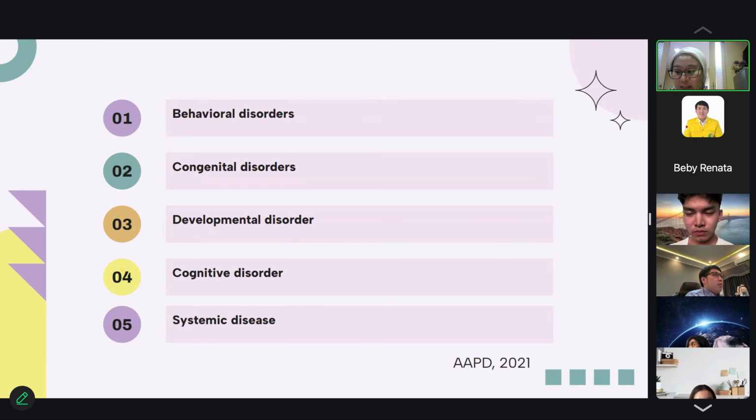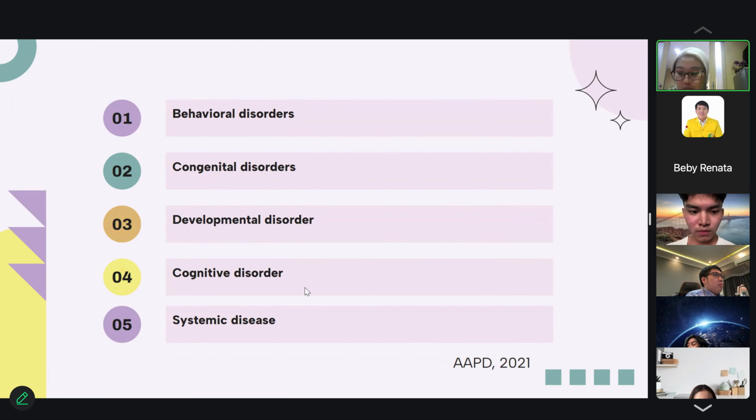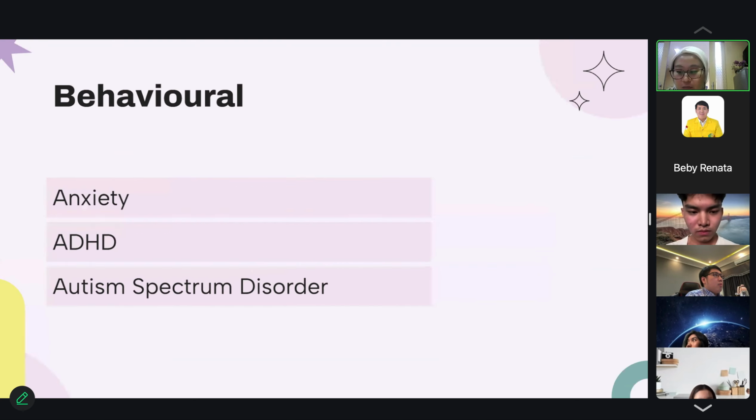For example, behavioral disorder is related to emotional challenge, intellectual challenge is related to cognitive disorder, and systemic disease is related to medical challenge. So you don't need to be confused about these two systems. Let's start discussing, one by one, examples of this classification.